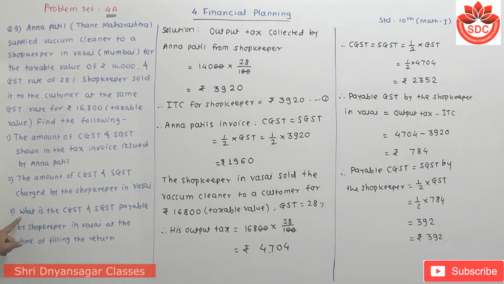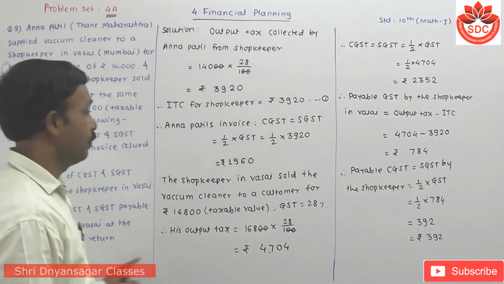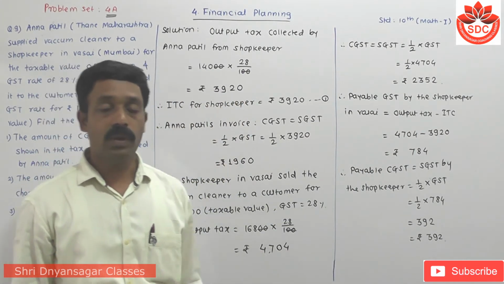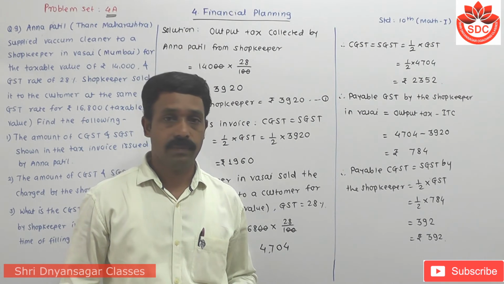Both are same here. And what is the CGST and SGST payable by the shopkeeper in Vasai at the time of filing the return? This one is rupees 392. Okay, we take the next question.